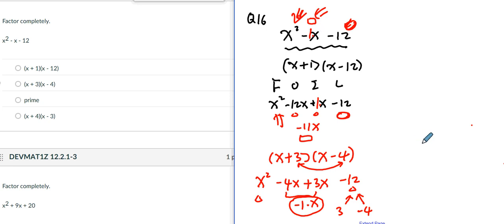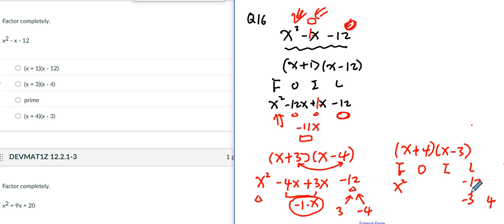And here, apparently, x plus 4, which is opposite from this one. This is minus 4. And then x minus 3, you do FOIL. X times x is x squared. Last one, negative 3 times positive 4, you get negative 12, that's fine.